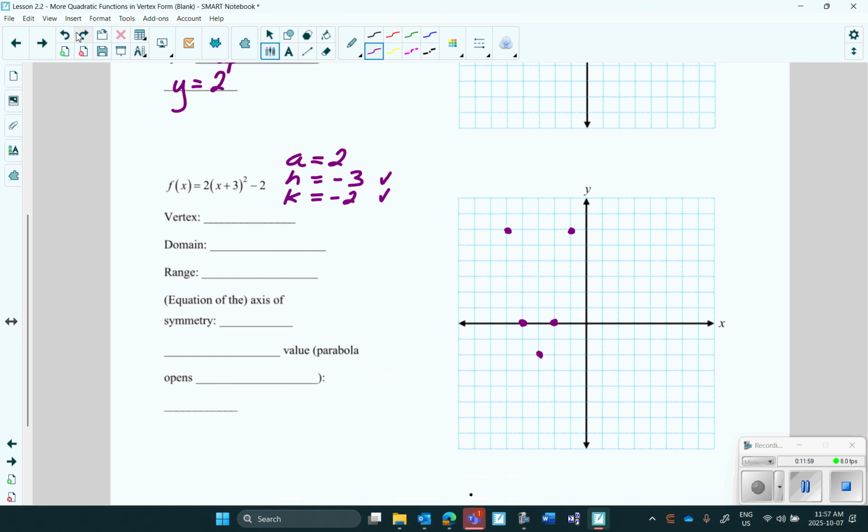Oh, no. Vertex. -3, -2. Domain. Range. Axis of symmetry equation.